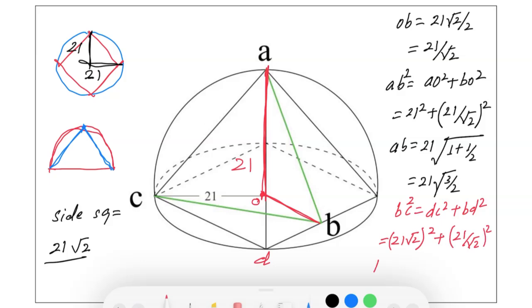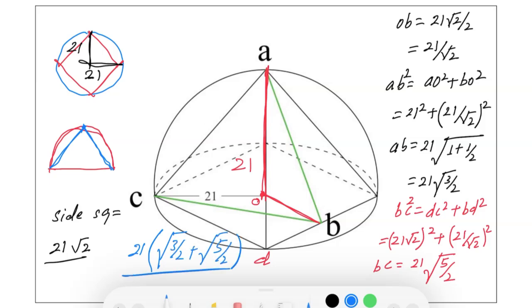Therefore, BC is going to be nothing but 21 root of 5 by 2. So when we have both the things with us, our final answer lies here. It is 21 times of, inside the bracket, root 3 by 2 plus root of 5 by 2. That will be our final answer in this case.